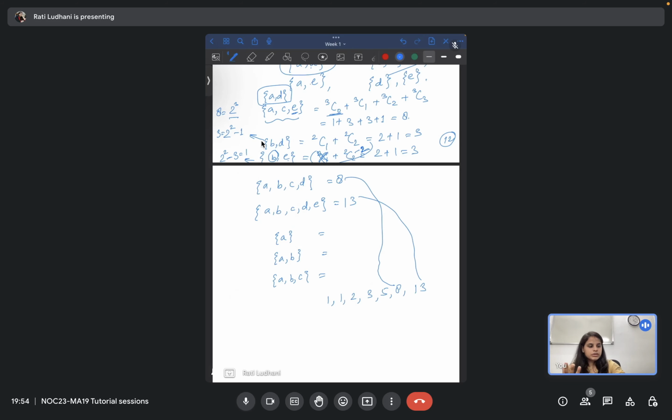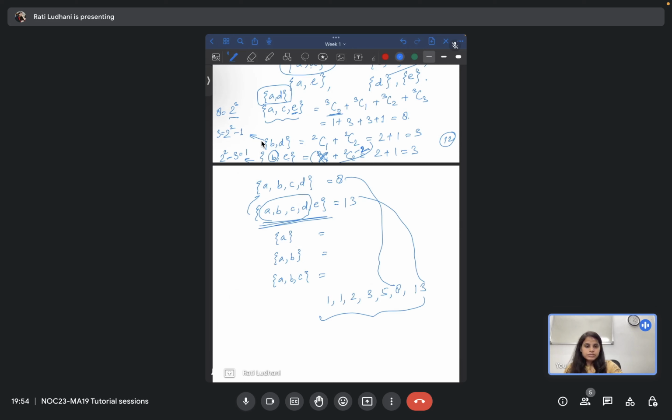You can see this is coming from induction. So basically ABCD is a subset of ABCDE, which has the same relations. So this is actually a subset of the poset with the same relations.